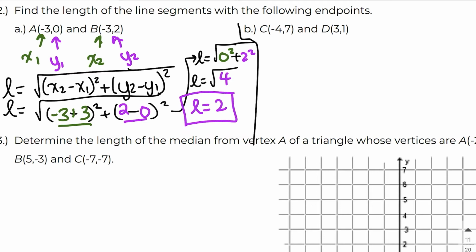Okay, I'm going to have you pause, try this one on your own, and then double check to see if you get the same answer as me. Okay, so don't press play until you try this on your own.